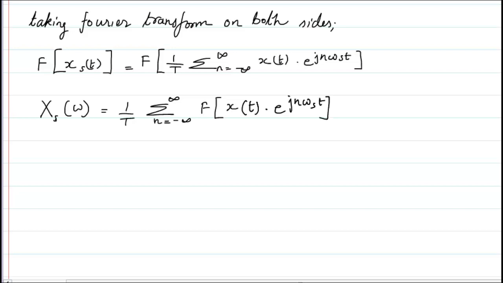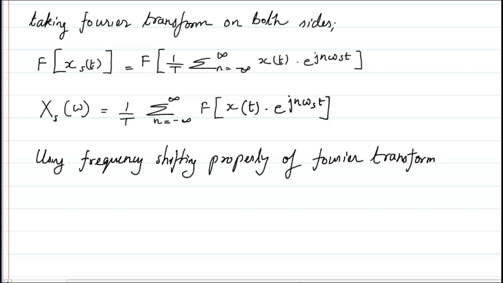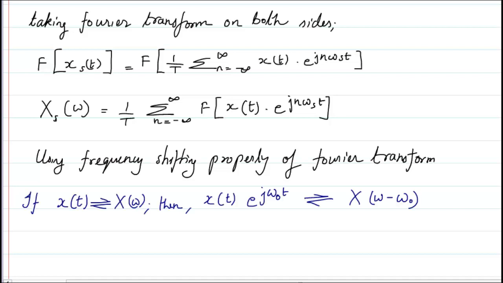Now we have already seen the frequency shifting property of Fourier transform. So I will write, using the frequency shifting property of Fourier transform, which basically translates as, if x of t gives a Fourier transform of X of omega, then multiplying x of t with e raised to power j omega naught t, that means a complex exponential function, will basically shift the frequency plot by the value omega naught.